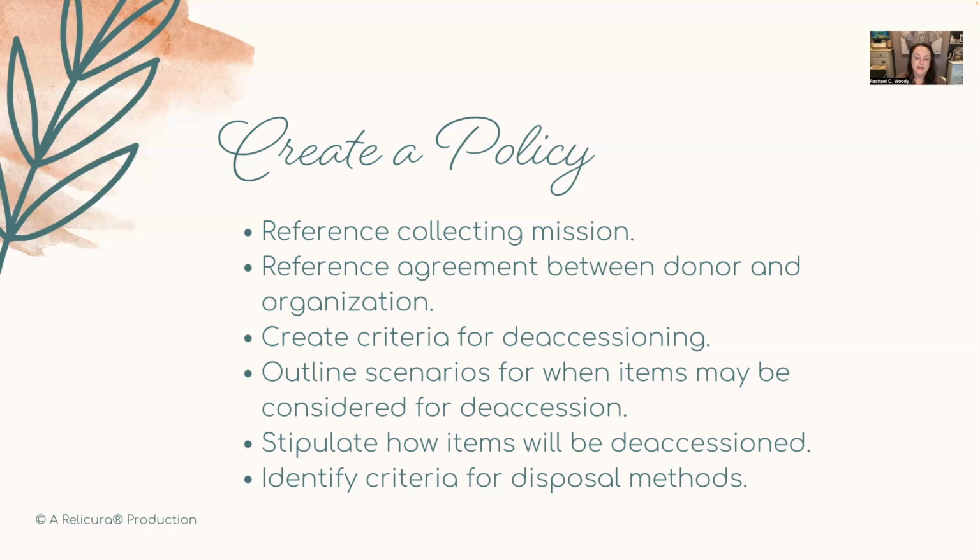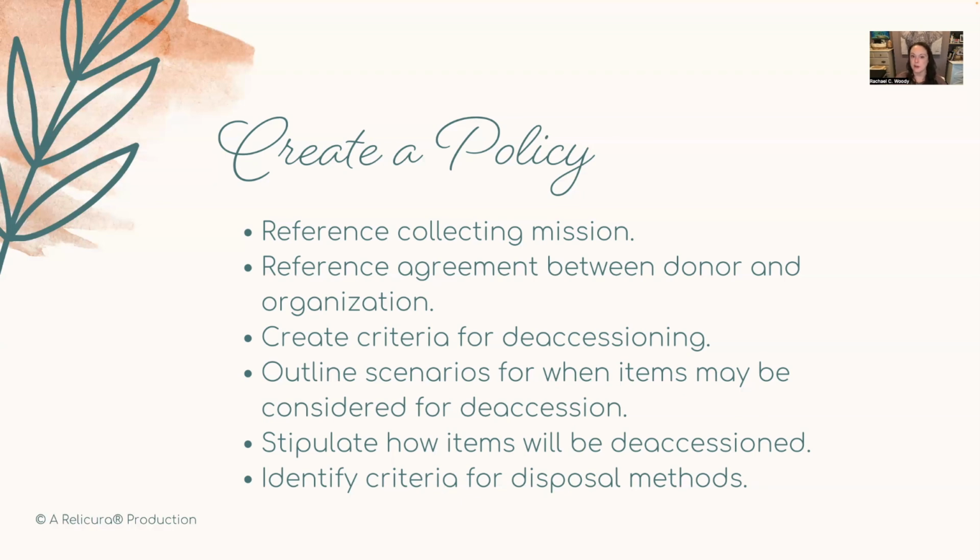Then outline scenarios for when items may be considered for deaccession. As deaccessioning can be a normal part of our collection stewardship, I would recommend mentioning in your policy, and actually doing, periodic review of your collection with the intent to deaccession items that hit that criteria. That way it's not this overwhelming thing that builds up over time.